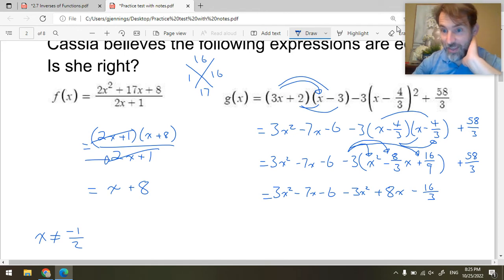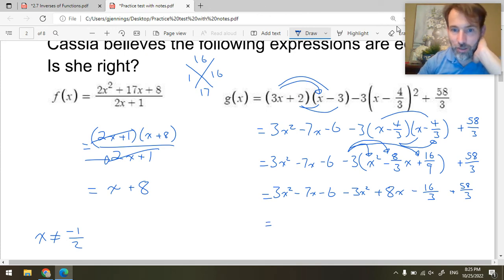Okay? And then we're going to add 58 over 3. Okay, keep going. This is equal to 3x squared minus 3x squared. So we got those. Negative 7x plus 8x is plus x.